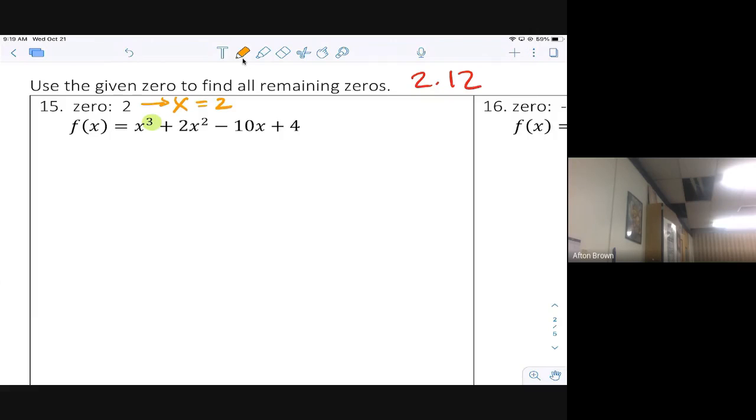Okay. Then also, if you were to graph this on a calculator, what's happening at x equals 2 if you were to look at the graph? Wouldn't it be x minus 2? That would be the factor. The factor is x minus 2, but the zero is x equals 2. So the 0 is what x actually equals. Thank you.